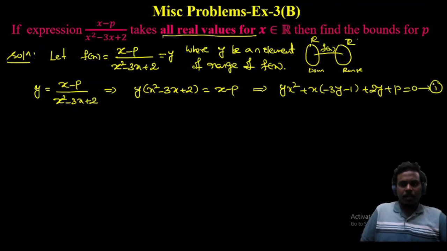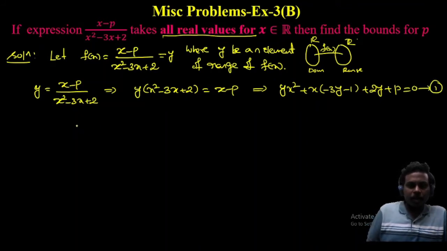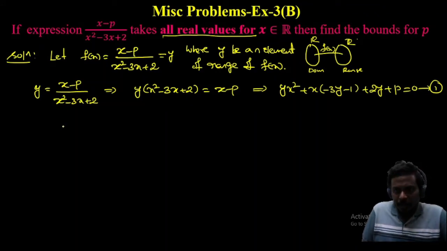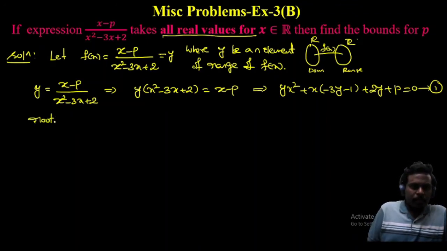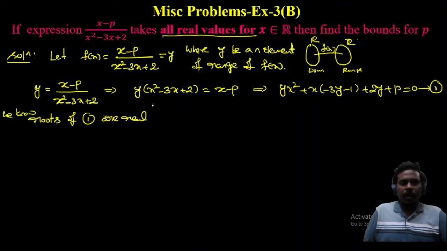We call this equation 1. As we did in the previous case, if we solve equation 1, we are going to get the pre-images, and the pre-images are real. Roots of 1 are real. We know the roots are real.